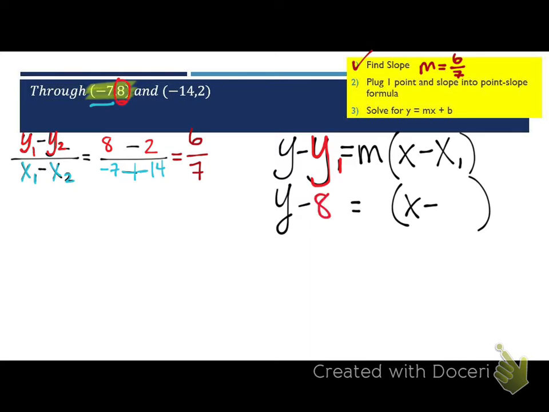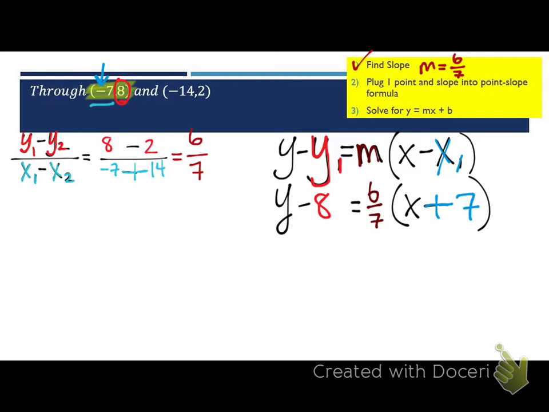And then we said our slope was 6 over 7. And then my x coordinate, negative 7, which will turn into a positive. So we plugged in negative 7 and 8. We plugged in our point.